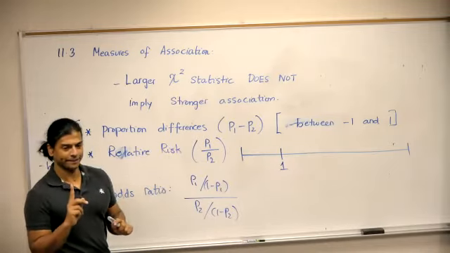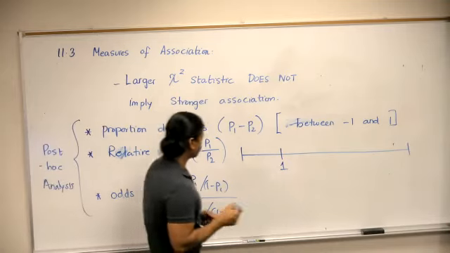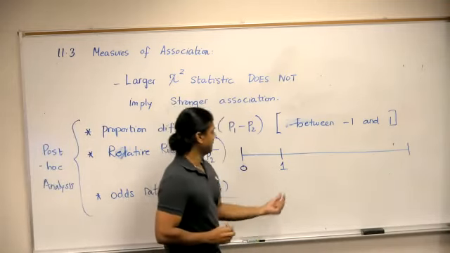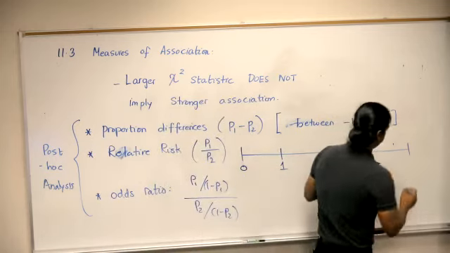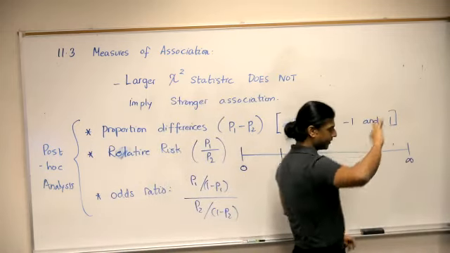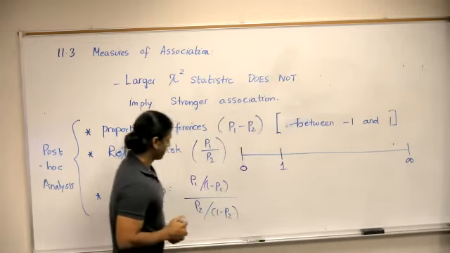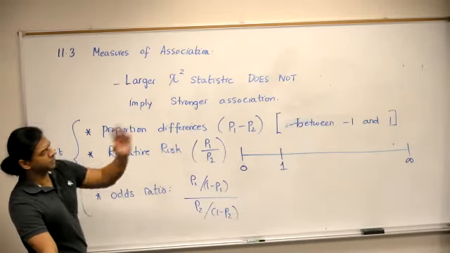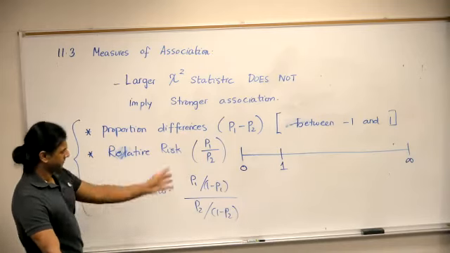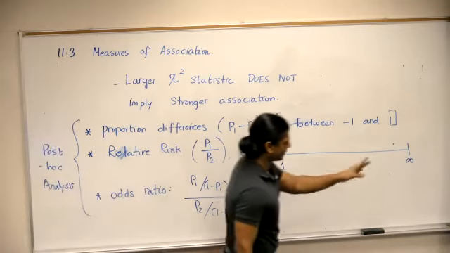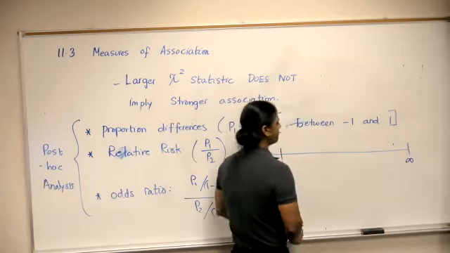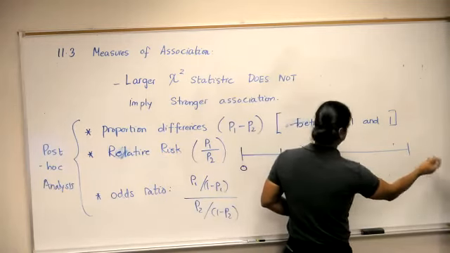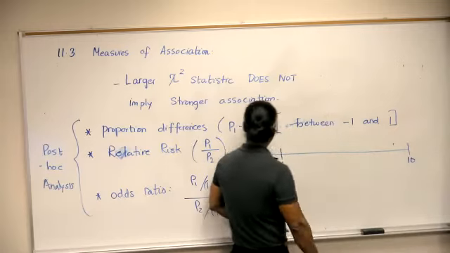Does that make sense? 0 up to 1 and 1 up to infinity. It can go all the way up to infinity, but typically we don't go past 10. It doesn't make any sense to go past 10. I believe your book stops at 10 also.